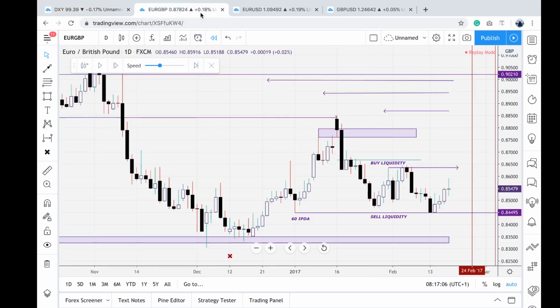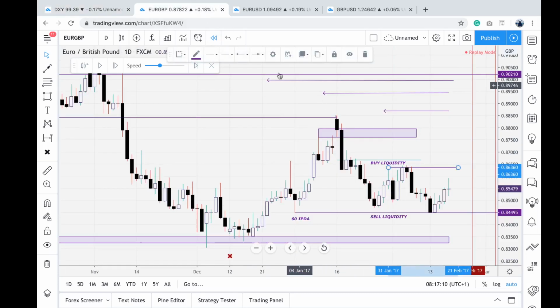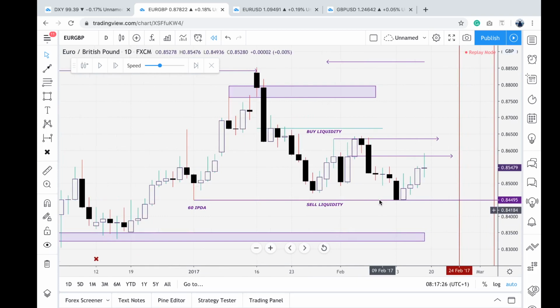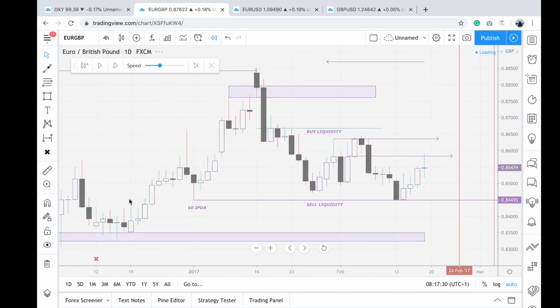On euro pound, let's see what price is doing. Euro pound is kind of making equal highs off this level, so we could potentially see bearishness, but unfortunately I don't really like the way we're stuck in this range. So let me check the 4-hour time frame.